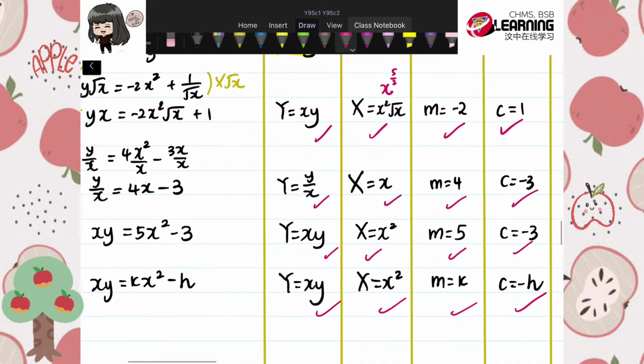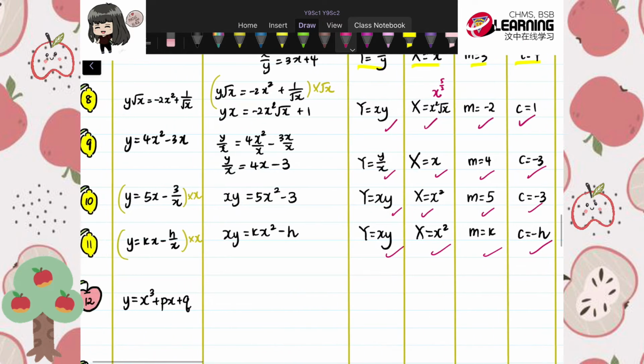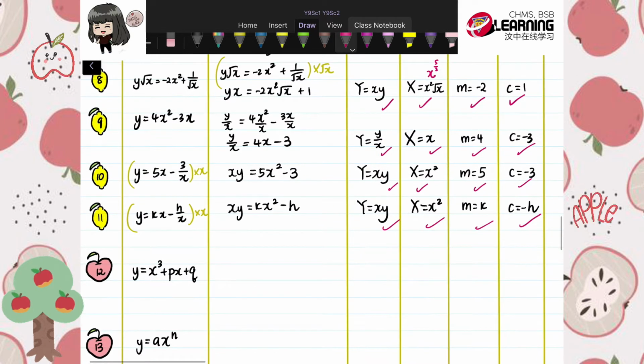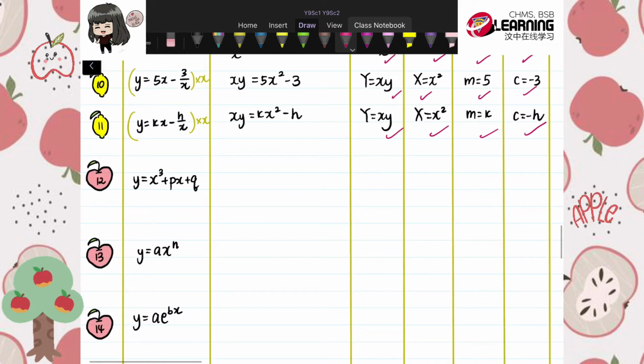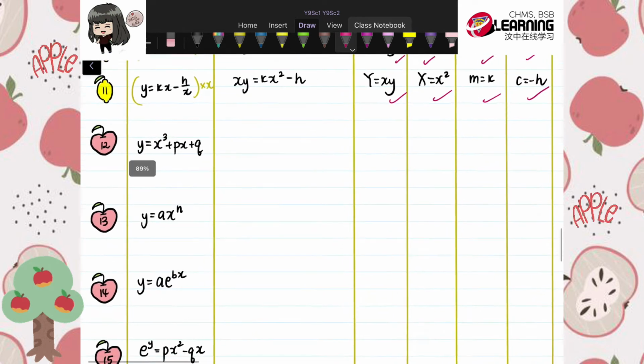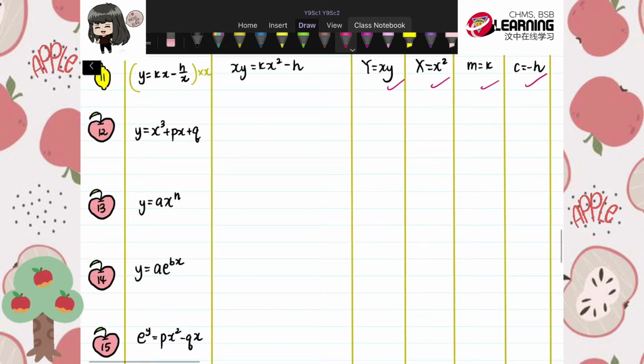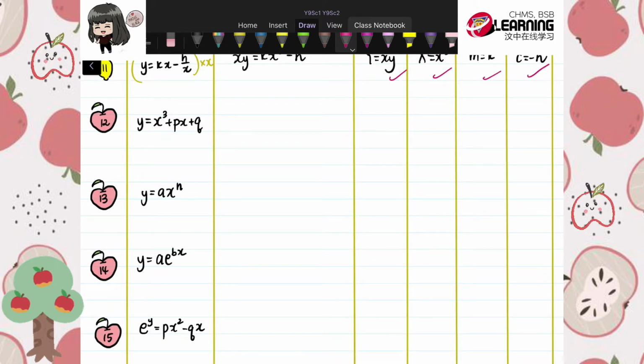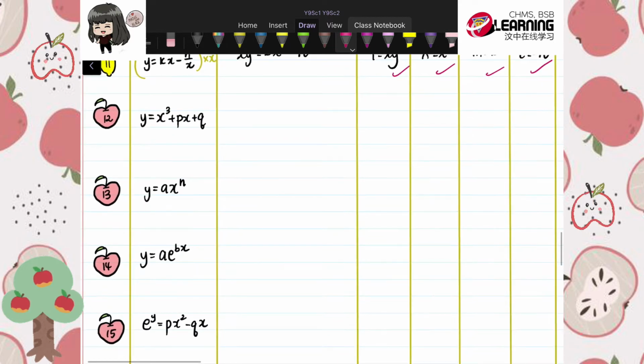Okay, so today we'll go to a different type of question, a different type of non-linear equation also. Look at question 12. Now we want to reduce this non-linear equation to linear.